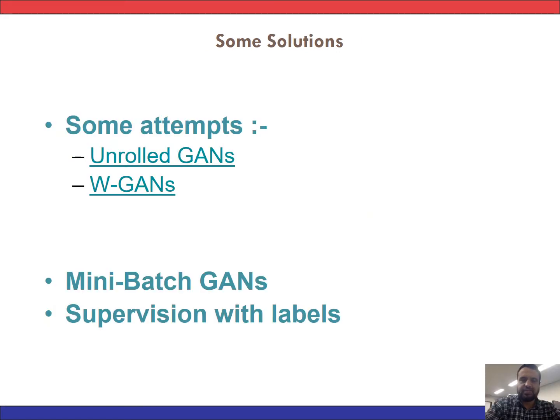Many attempts have been made by the research community to solve this mode collapse problem in vanilla GAN. The first attempt is called unrolled GAN. In unrolled GAN, the authors train the discriminator multiple times with just a single step of generator training.